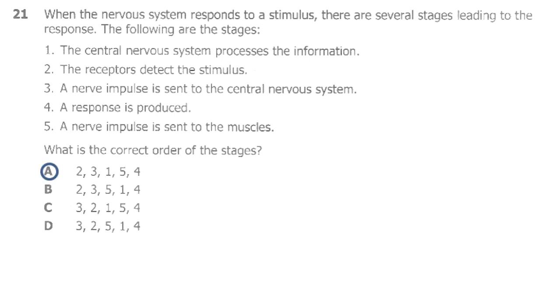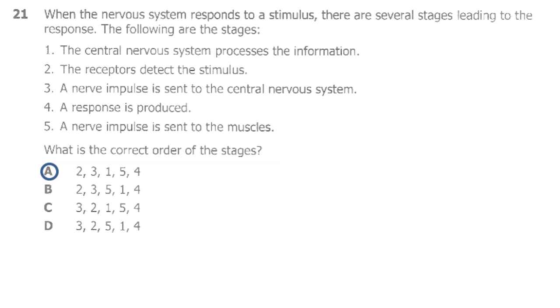Once they detect, 3, a nerve impulse is sent to the central nervous system. 1, the central nervous system processes the information. 5, a nerve impulse is sent to the muscle. 4, a response is produced. So that's what happens when you touch a hot object. So our answer here is A for question number 21.